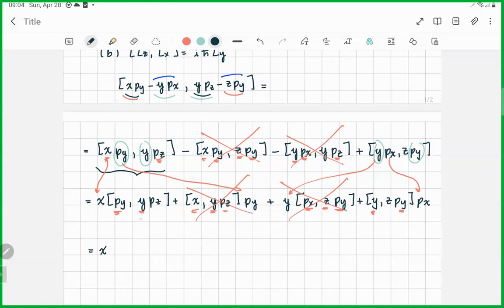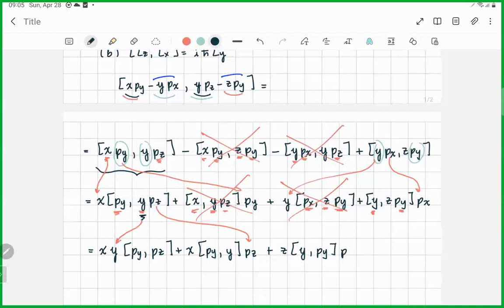If I bring this y here to the front, I have y, p_y, p_z. And so what I'm doing is I'm bringing this to the front. And then we have x, p_y, y, and p_z to the end. Okay, so now I moved this one. And the last commutator, we have z, I bring to the front, y, p_y, p_x.